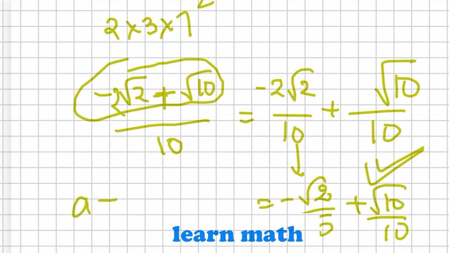It's like a plus b upon c is a by c plus b by c. You can split this denominator into two things separately. Fine. So next one.